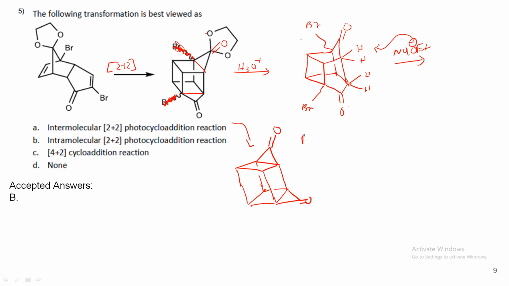So now OEt minus would attack here and break any of these bonds, let's say this, and it would generate a diester type molecule. So here CO2 and here CO2.